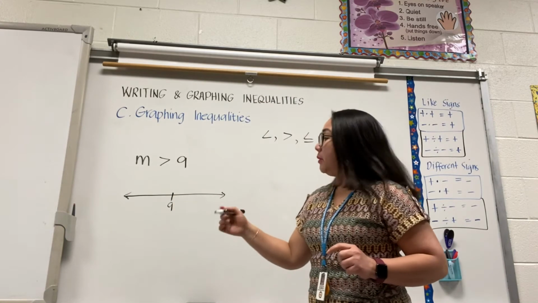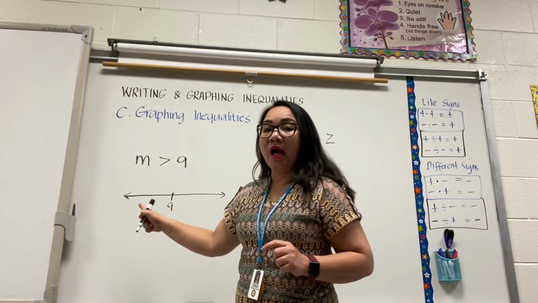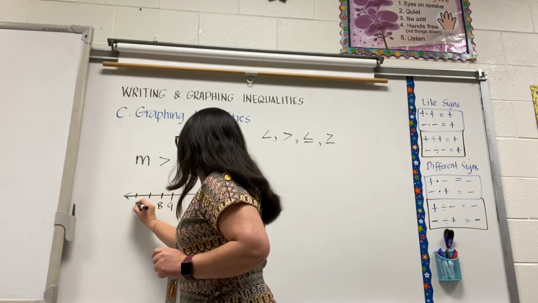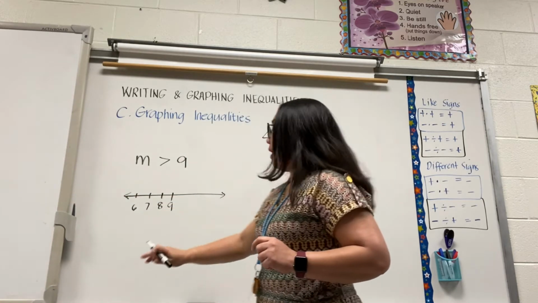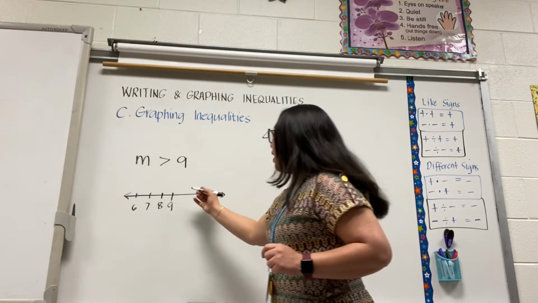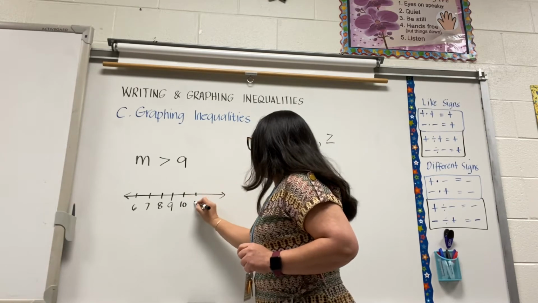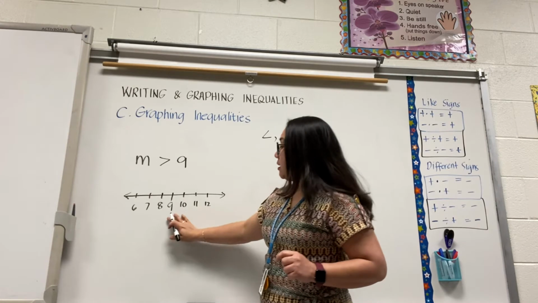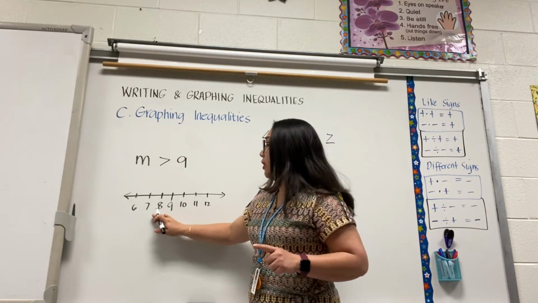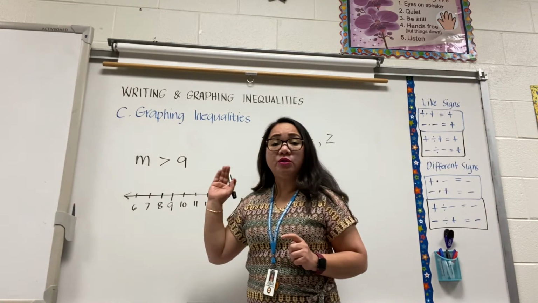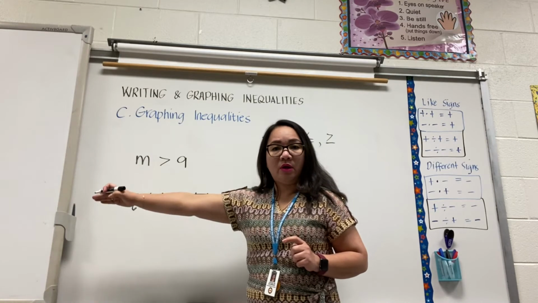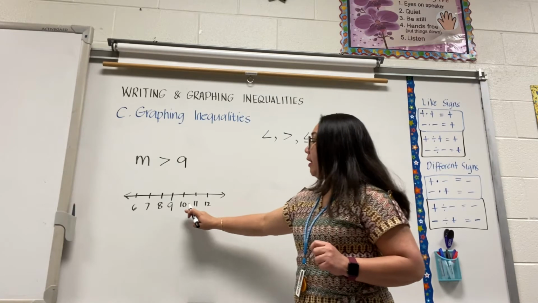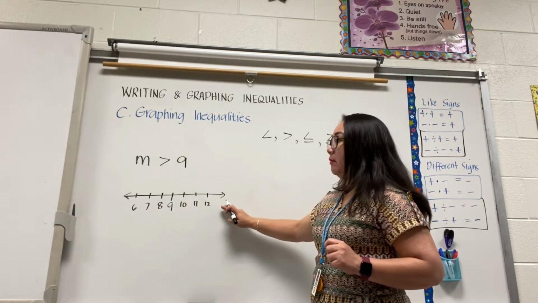And all numbers at the left of 9 are 8, 7, 6, and so on. And the numbers at the right of 9 are 10, 11, 12, and so on. And you notice that the numbers to the left of 9 are getting smaller and smaller. And the numbers to the right of 9 are getting bigger and bigger.